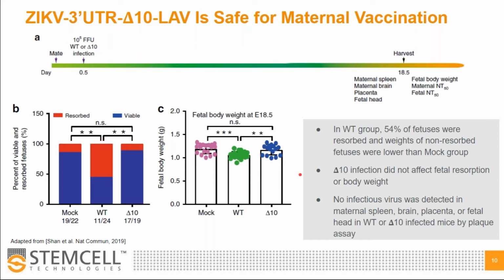They also looked at the presence of infectious virus in maternal spleen, brain, placenta, or fetal head, and they did not detect any infectious virus, neither in the wild type nor in the delta 10 infected group by their viral plaque assay.